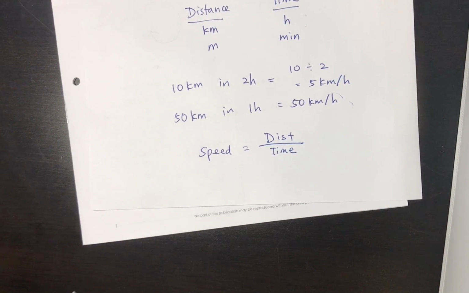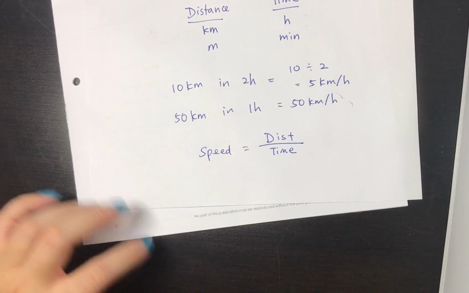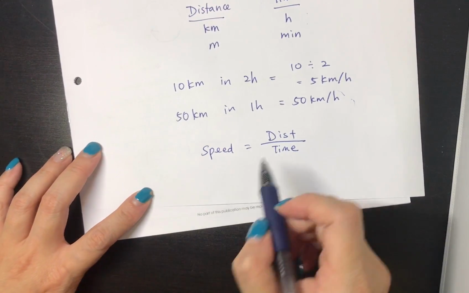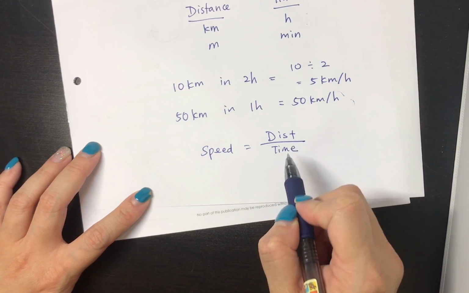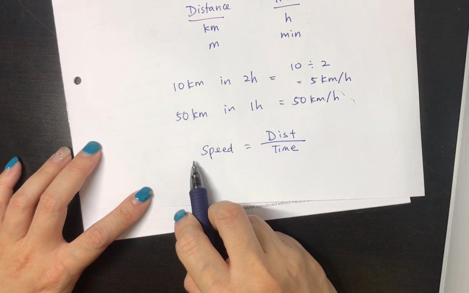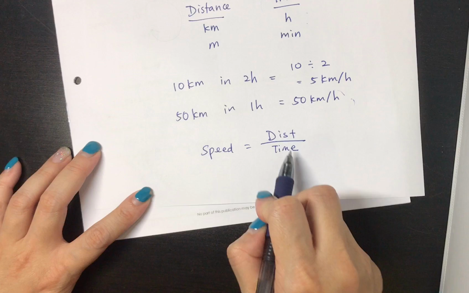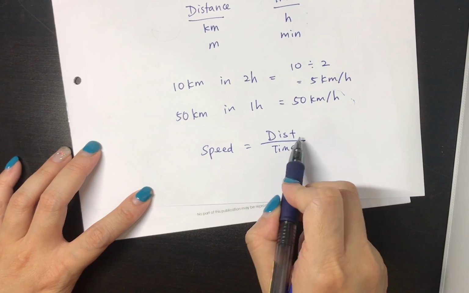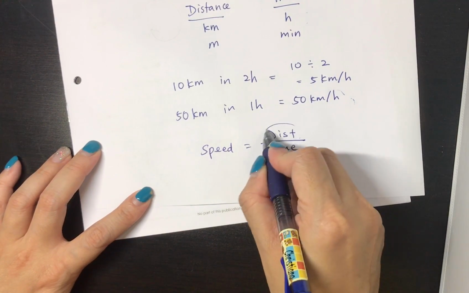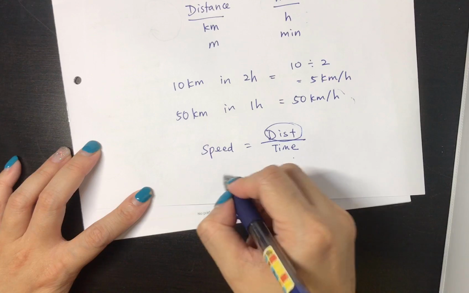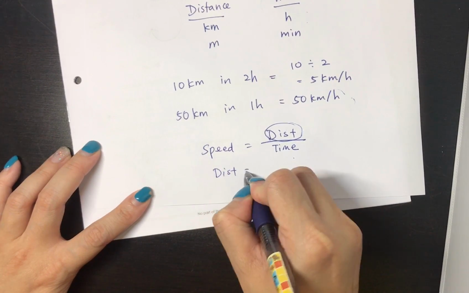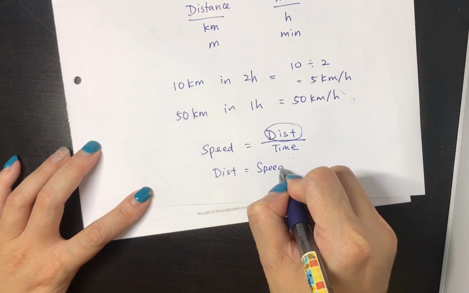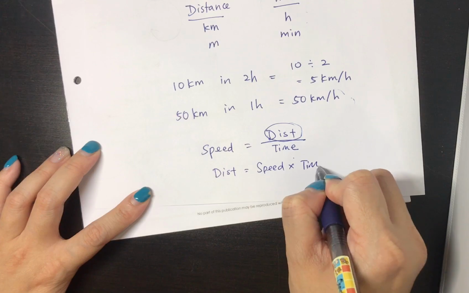We're going to teach you the DST triangle because sometimes you'll need to find distance, sometimes you'll need to find time. Now if speed is distance divided by time, what is distance? That would be the opposite, right? To get distance, you will take speed times time.